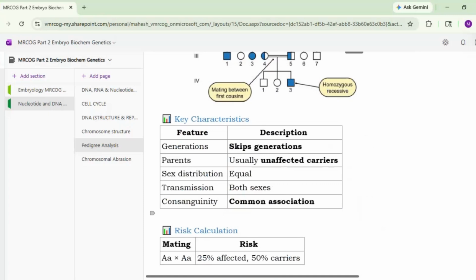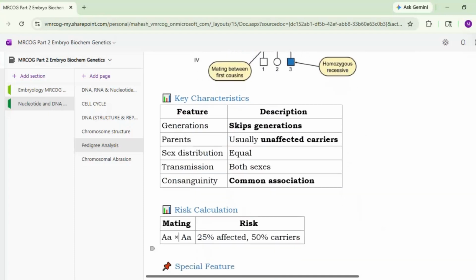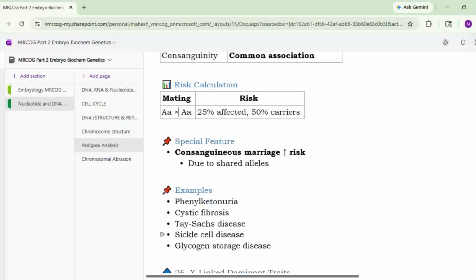Okay. So for risk calculation here, when one carrier marries another carrier, there is a 50% chance of carriers and 25% affected. Okay, this you should remember. When two carriers marry, there is a 25% chance of an affected child, 50% will be carriers and 25% will be normal.